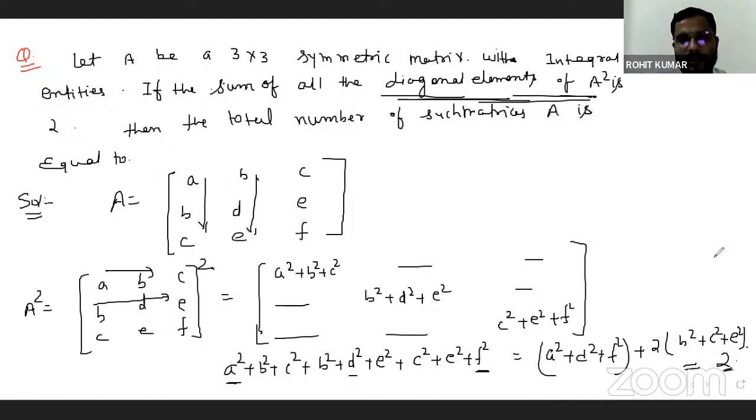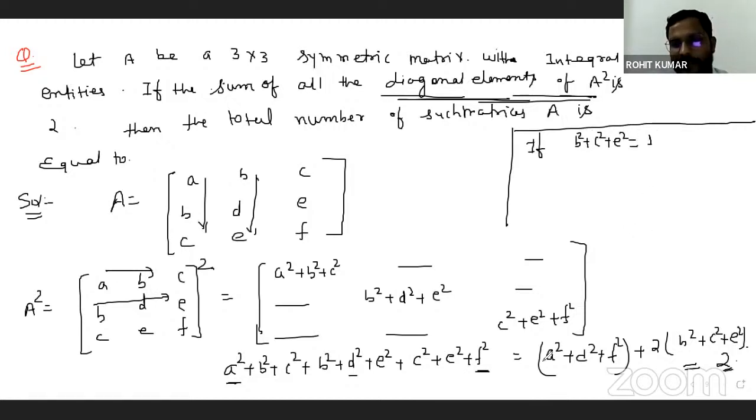Now this will happen in two ways. How? If B square plus C square plus E square is equal to 1, then A square plus D square plus F square has to be 0. And if this is equal to 1, that is possible in three ways. Either B, C, or E, one of them should be equal to 1, and all the rest of the values should be equal to 0. So three ways.